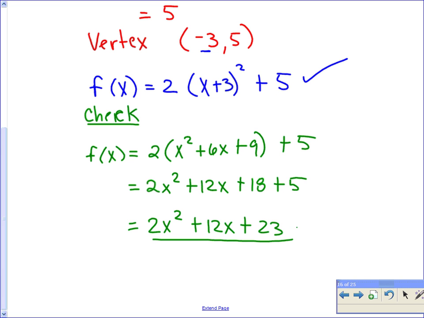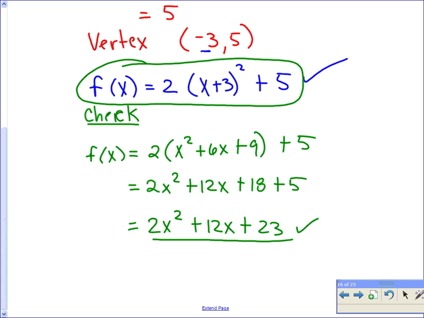And you notice that this is what you had in the original problem, so it does check out. And this is going to be your transformation form.